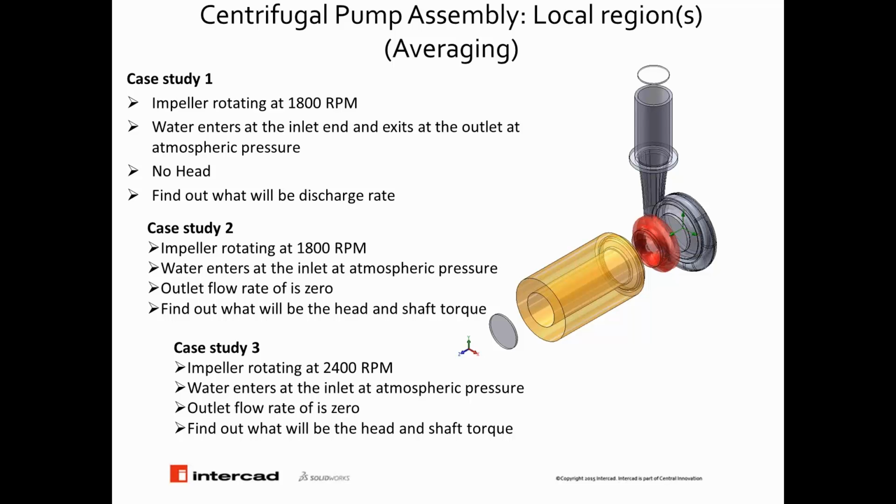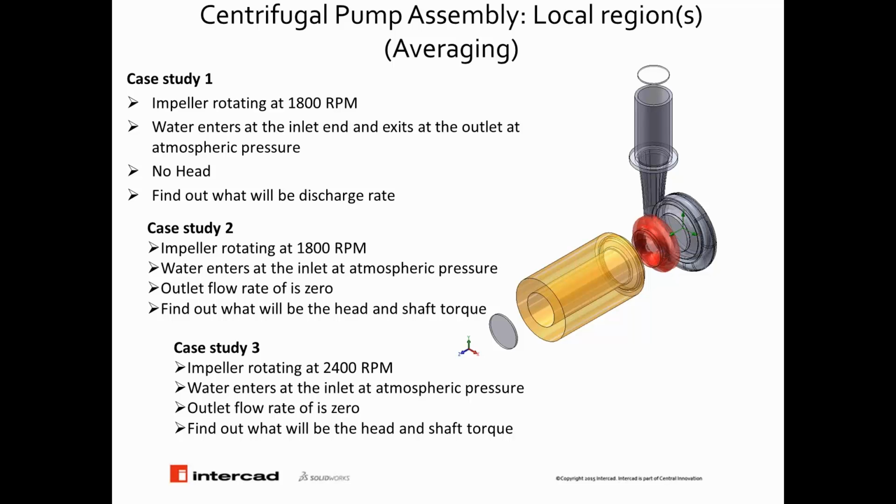In the third case, we are going to increase the speed to 2400 RPM and examine the same thing. All right, so that is going to be our first case, and the approach we are using is called local region averaging. That means there is no strong interaction between the rotating region and the outside cells, and we simply have a steady-state sort of problem.